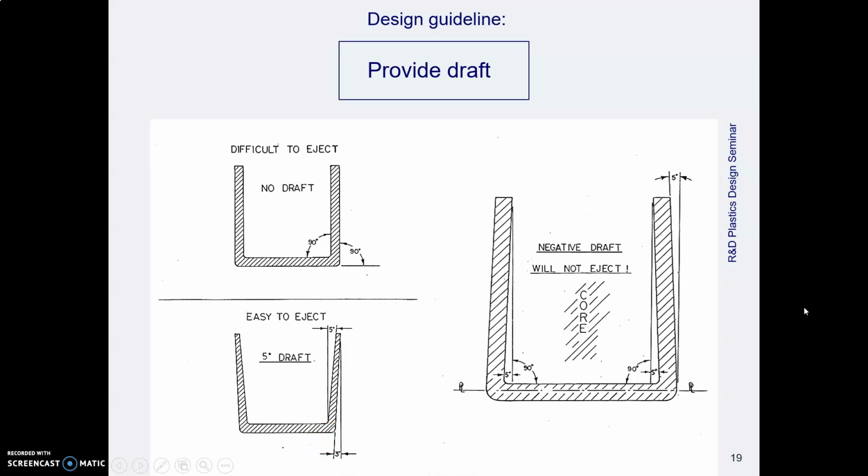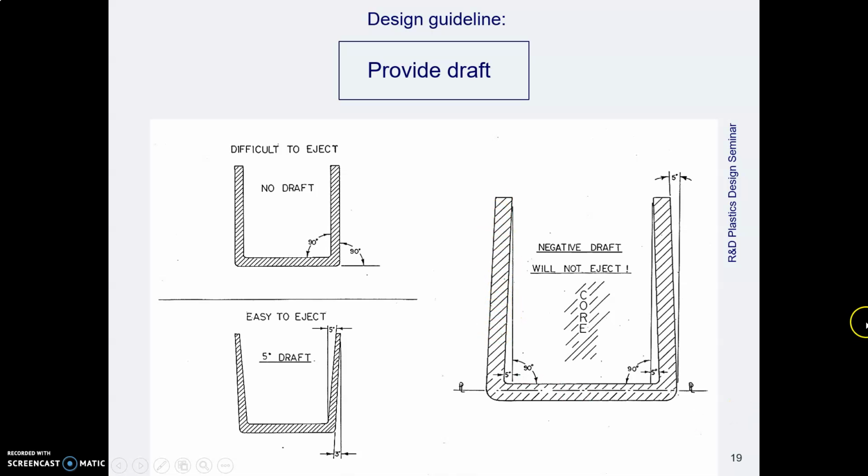Now, something you really need to think about and maybe watch for if you are supervising other drafters is you might be designing a boss, let's say. Let's pretend this is a boss, not a U-shaped thing. And you're thinking, okay, so I need uniform wall thickness, so I'm going to have parallel sides, and I need them to be drafted so that they'll come out of the mold.